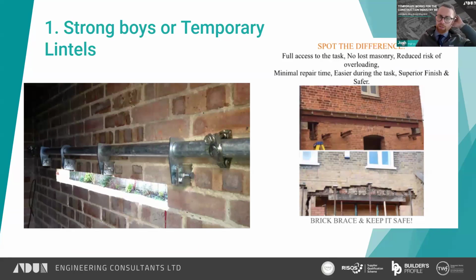Similar to that solution is what's called a brick brace. That's a clever system. It essentially uses the technology of a post-tension structure. So what we've got here is a scaffold tube which runs across the top of the opening, and then there's special clips which connect onto that scaffold tube, and they are inserted into the vertical masonry joints.